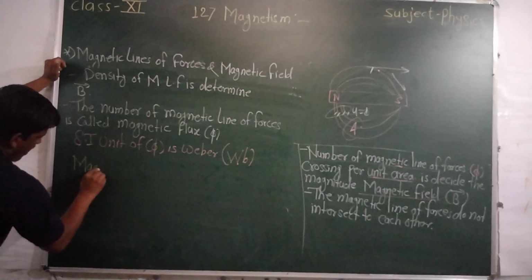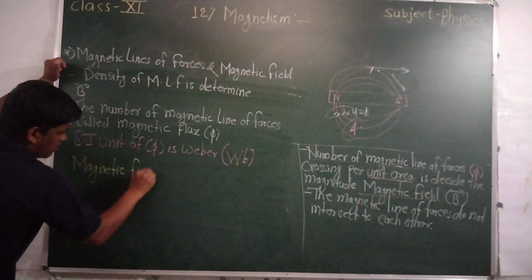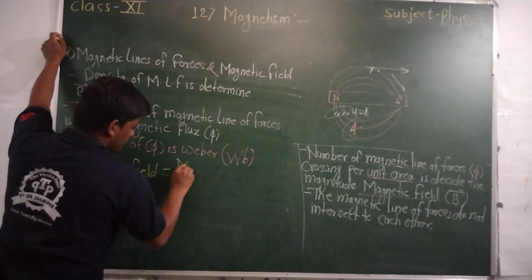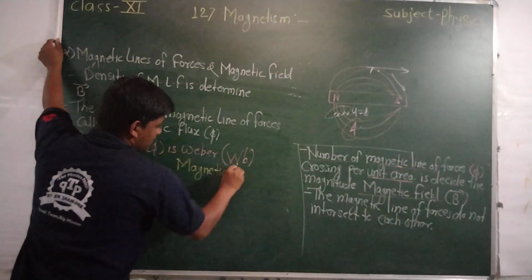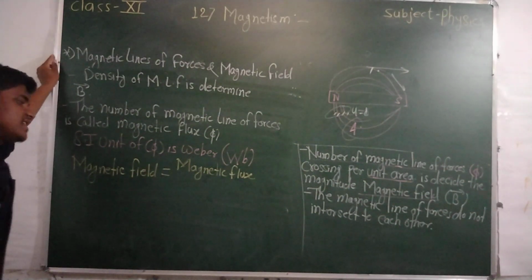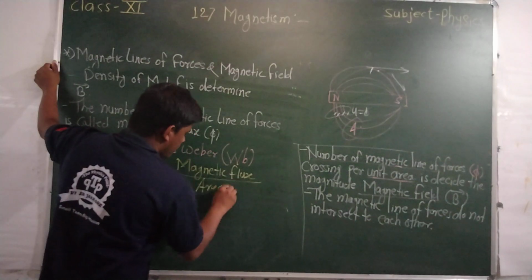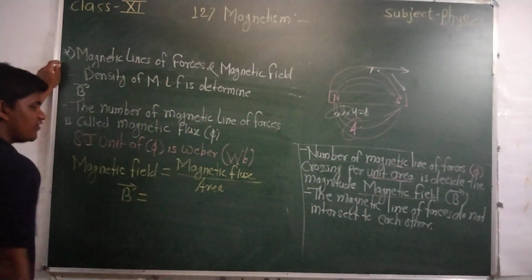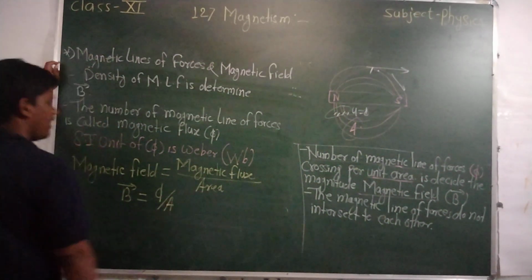The magnetic field B is equal to the magnetic flux, that is, the number of magnetic lines of force per unit area. Then the magnetic field B is equal to the magnetic flux phi divided by the area A.